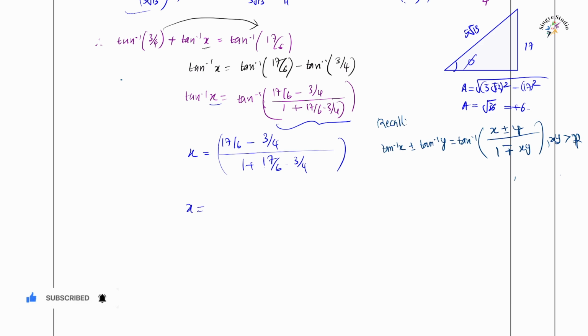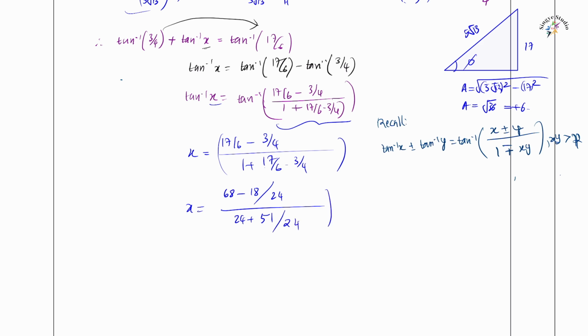Now we have 4 times 17, 68, minus 6 times 3, which is 18, whole divided by 24, divided by 1 plus 17 times 3, 51, so we get 24 plus 51 upon 24.